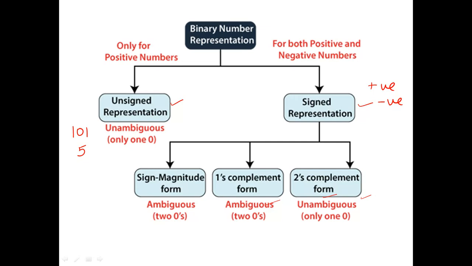If the sign bit value is 0, then the number is positive, and we can directly represent that number in binary form. But if the sign bit value is 1, then the number is negative, and we have to take the 2's complement of that given binary number. So we can get a negative number by the 2's complement of a positive number, and a positive number by directly using simple binary representation.